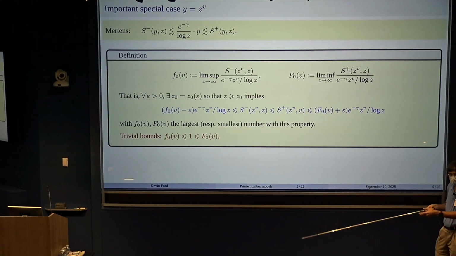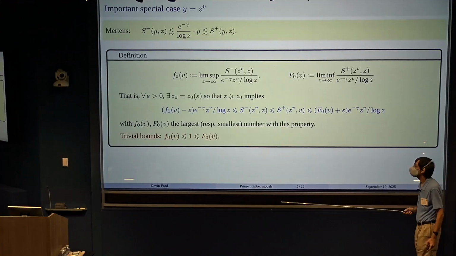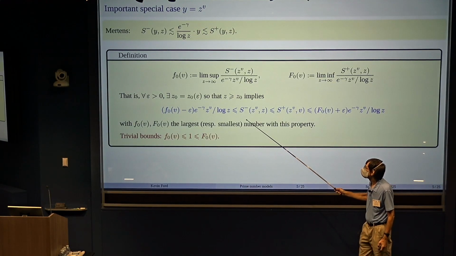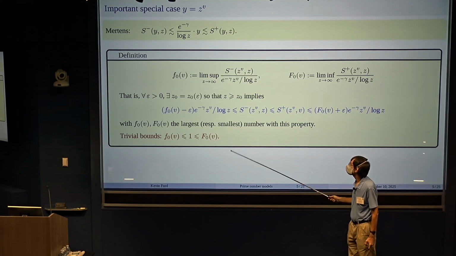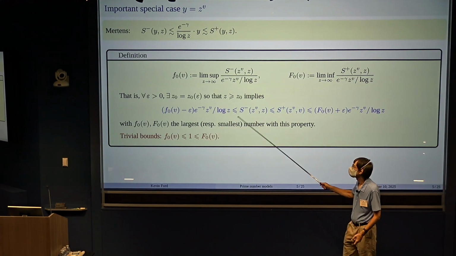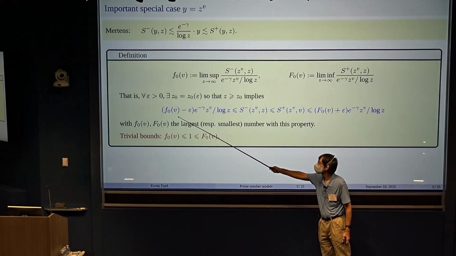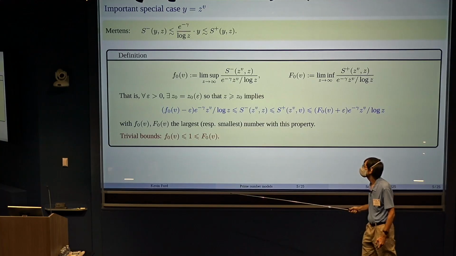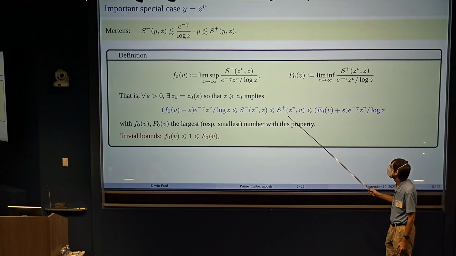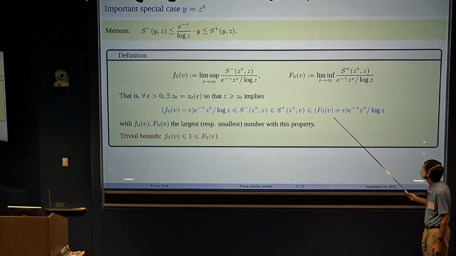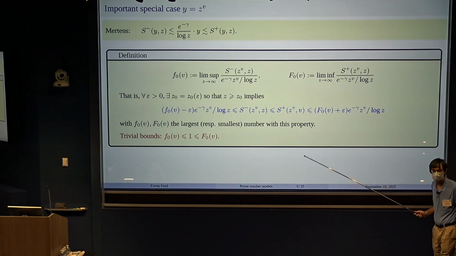All right, now there's a lot of little bits to unwind here to figure out what this means. And what it means is that if z is large enough, this s minus is always at least f0 of v times this expected value here from the random choice. And the s plus is at most capital F of 0 times the expected value from the random choice.